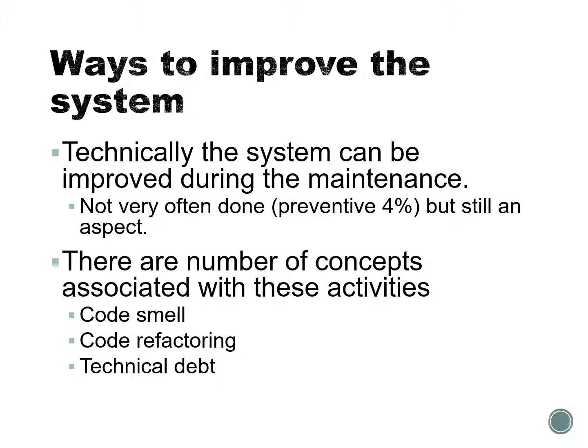Anyway, if we are doing preventative maintenance, it means that we are trying to fix problems, or trying to make things simplified or easier to understand, easier to read, get rid of duplicate things, get rid of legacy stuff that no longer works or is no longer necessary because it just keeps adding unnecessary complication to the source code. So on this aspect, there are these three things: code smell, code refactoring, and technical debt.